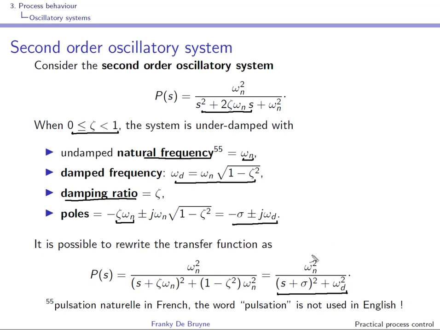So if we compute the inverse Laplace transform, this is what you obtain: an impulse response that is, well, to have a sine you would need here at the numerator omega d. You don't have it, so you'll have a gain here omega n over omega d, right? Then you'll have this exponential of minus sigma t.